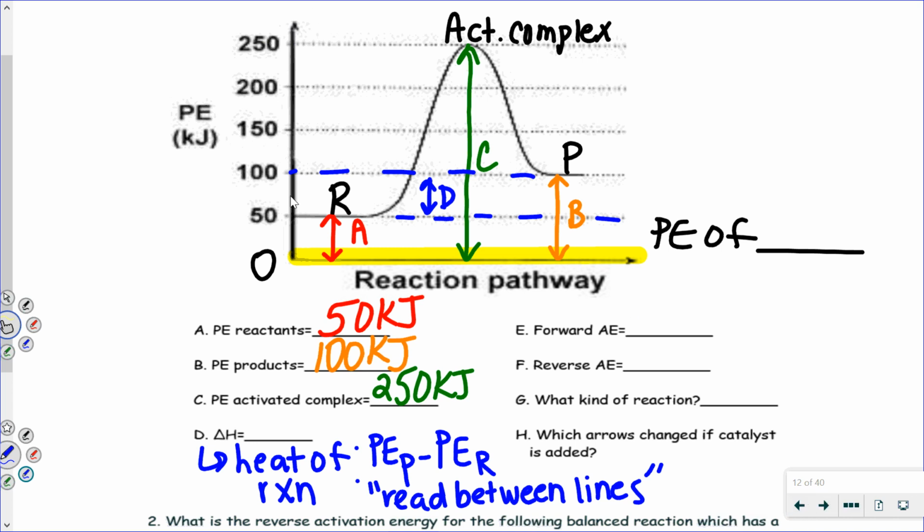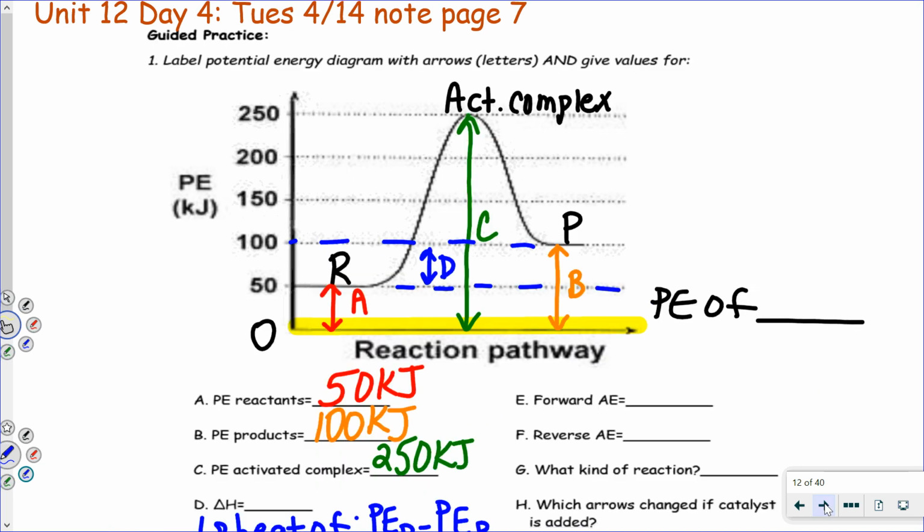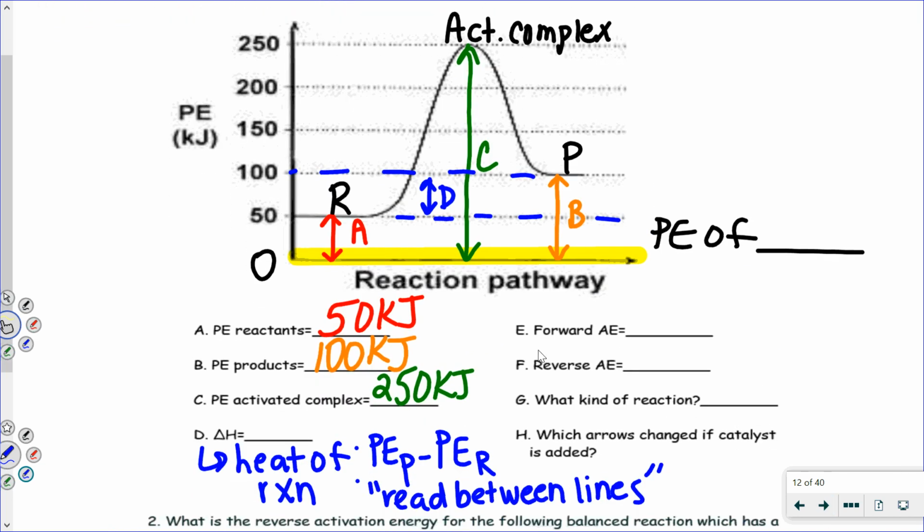If we look at this curve, my reactants are lower than my products. So that matches up with this, which is endothermic, which means my delta H is positive. If it looked like this, if it was exothermic, then my value for delta H would be negative. So since this is endothermic, and we can actually fill G out, I know my delta H has to be positive. So when I write down my value for D, it's going to be a positive value.